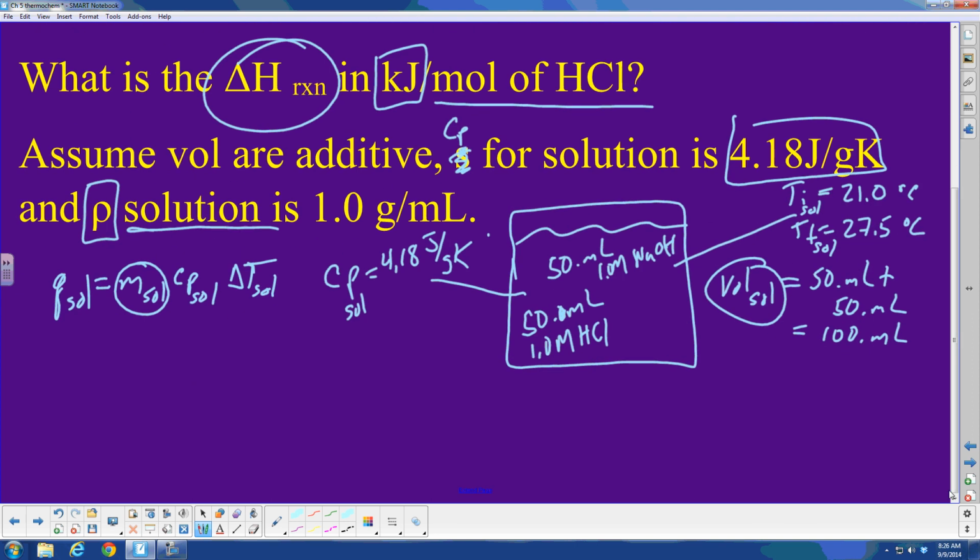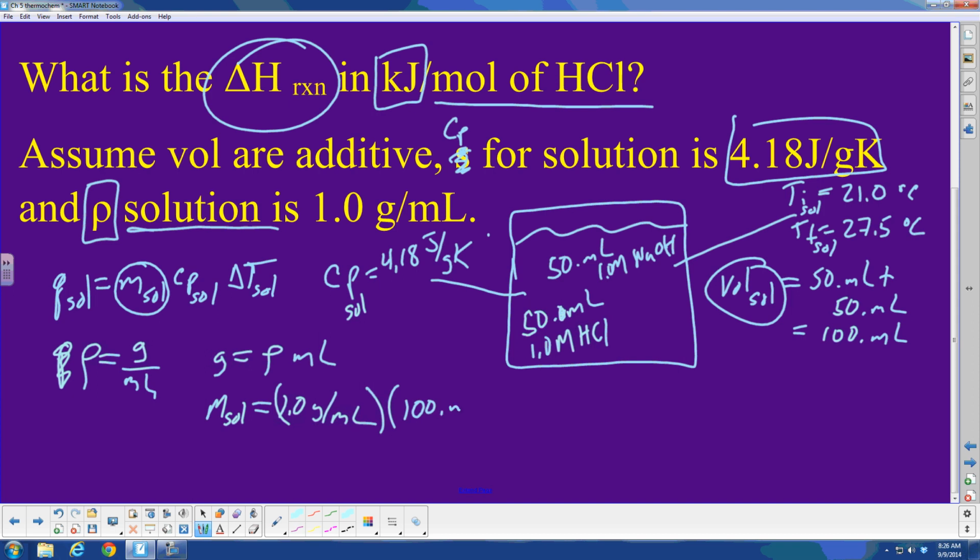I have volume of solution, and I have density of the solution, right? And so density, rho, is grams per, in this case, milliliters, mass per volume. So that means my mass, grams, will be equal to density times milliliters. So for us, the mass of my solution is equal to the volume of my solution times the density, 1.0 grams per milliliter times 100 milliliters.